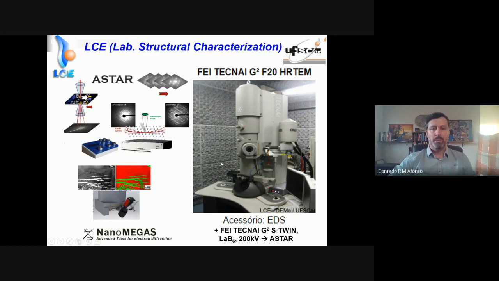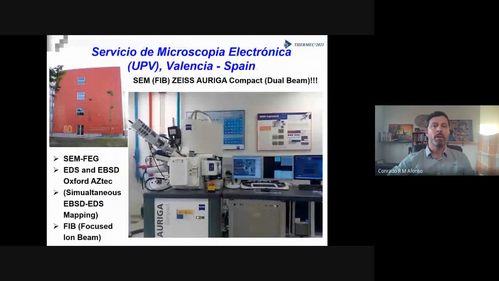We have this equipment installed in our microscopy lab in a TECNAI from FEI. It's a 200 kV microscope. We can use both the LaB6 gun and the field emission gun in another microscope as well. So it's a powerful characterization tool to do these orientation mappings at the nanoscale.